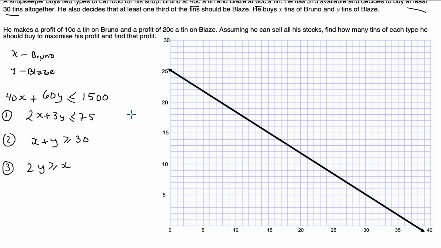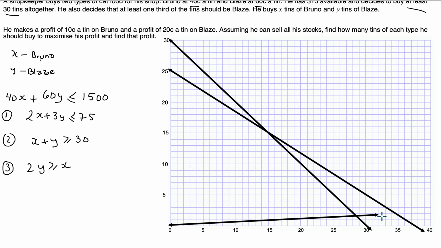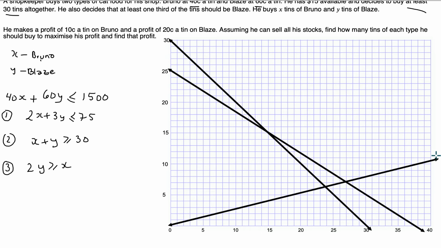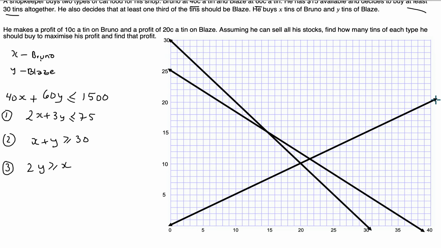And then my second one is going to be from 30 to 30. These are always the easiest to graph. And then my other one is the x value is always going to be half the y value. So let's say I pick 40, then my y is going to be half of it. So this 20.